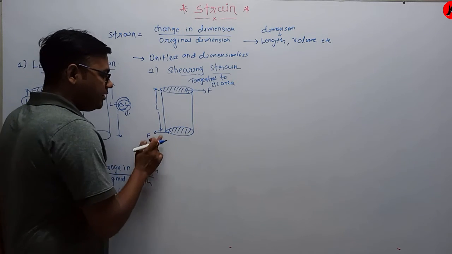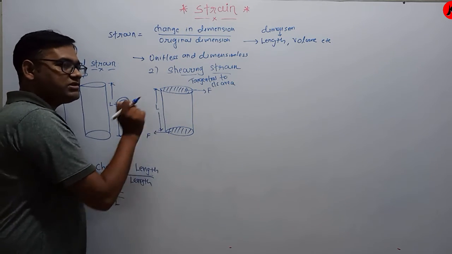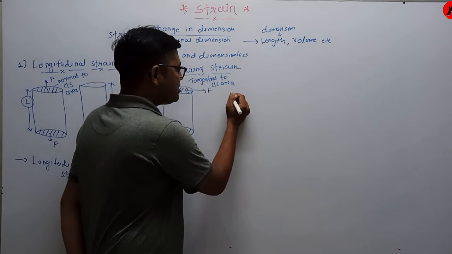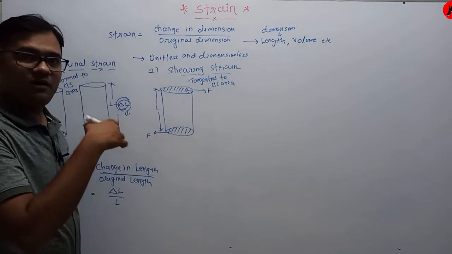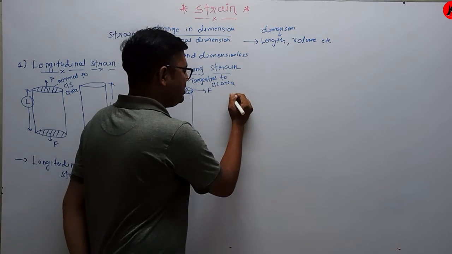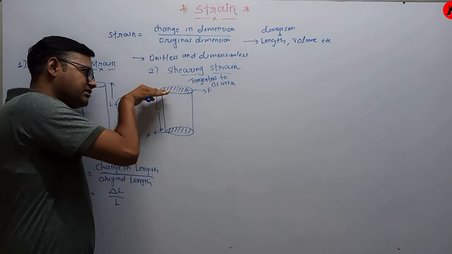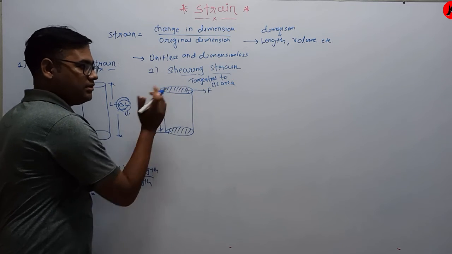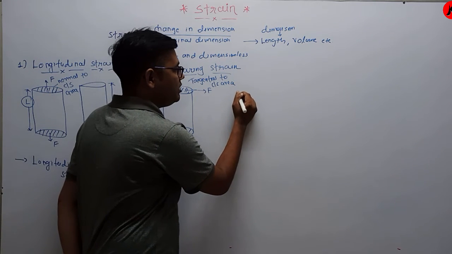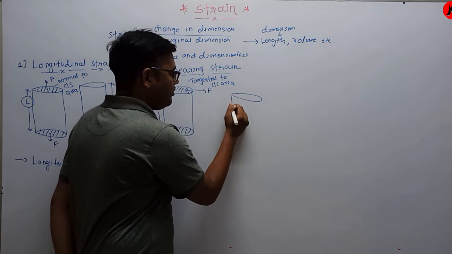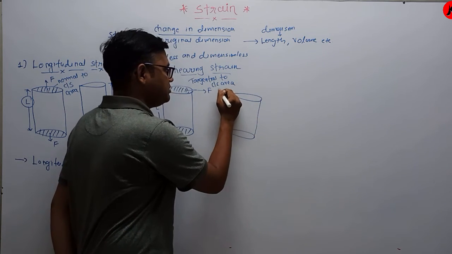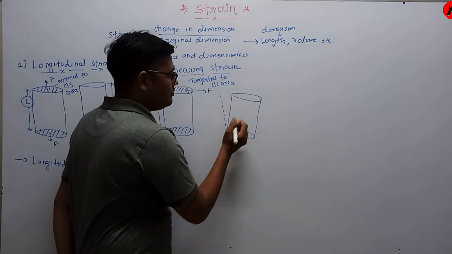Now what will happen if we apply this tangential force F to the two faces of the cylinder? Then obviously this cylinder will be displaced, right? When we apply force in this direction, the cylinder will be displaced by some length. So the new position of the cylinder when the force is applied will be like this, right?